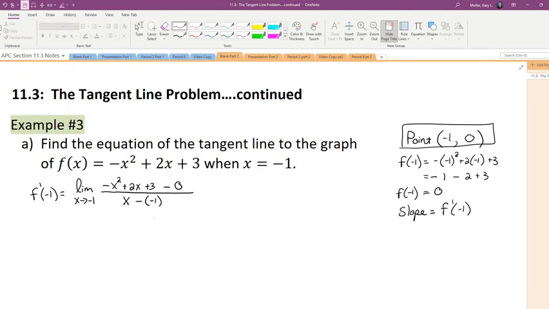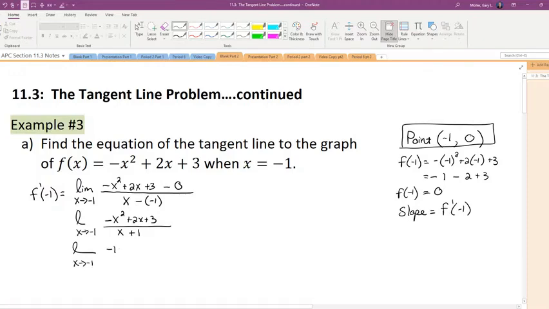Okay, so let's clean this up. The limit as x approaches -1 is -x squared plus 2x plus 3 over x plus 1. I want to factor, but before I do that, I'm going to pull out the -1, giving me x squared minus 2x minus 3 over x plus 1.